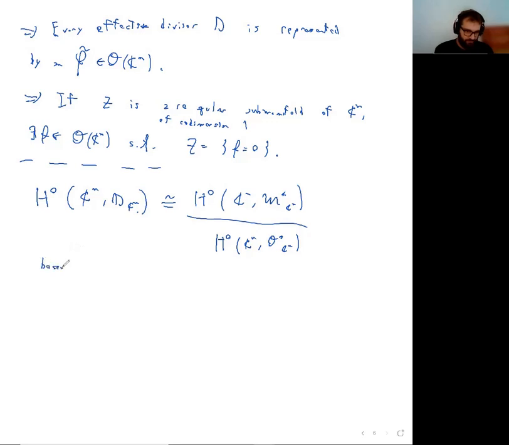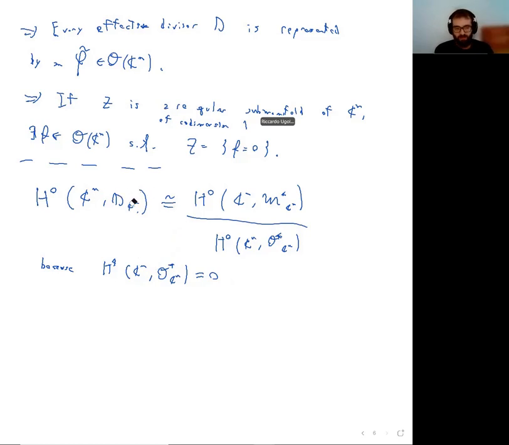Because the map that goes from H0 of the divisors into H1 of O star is the zero map, because H1 of O star on Cn is the Picard group, and it is zero because we saw it.